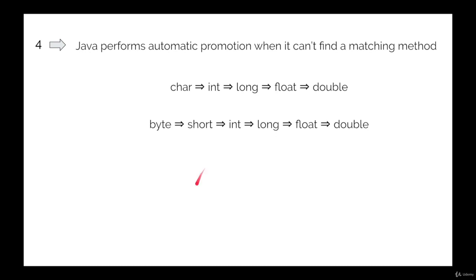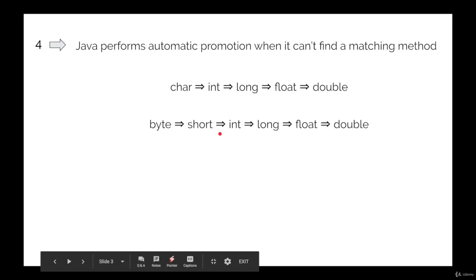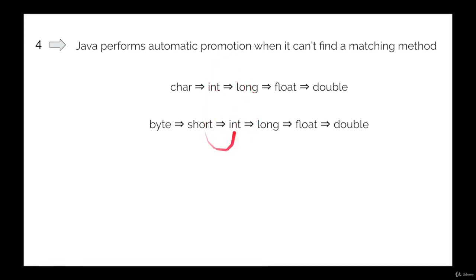First it tries performing these automatic promotions, and tries to find the matching type by doing them. And if the compiler doesn't find the matching type even after the automatic promotion, it throws the error. So this is a very important rule, and please memorize this. This is also repeatedly asked in interviews to my students, and it's a very important interview question.